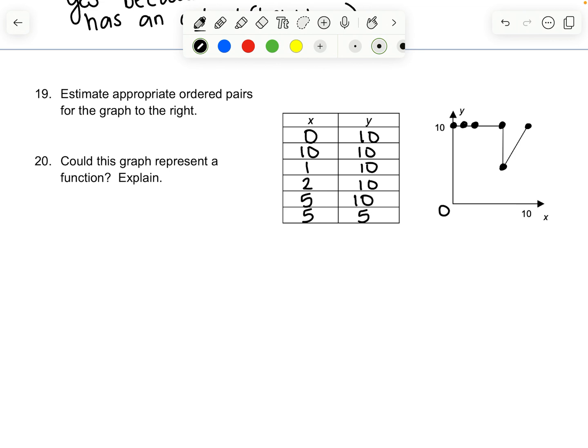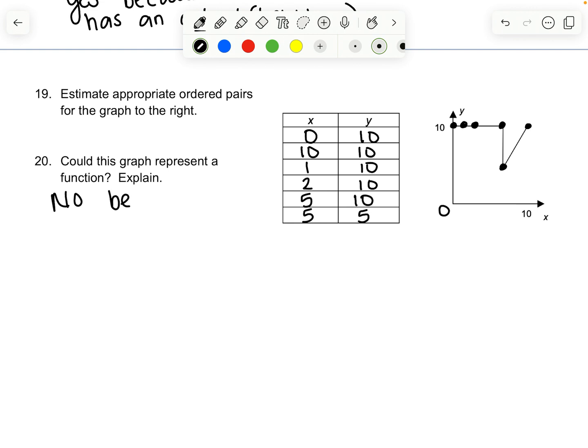So number 20, could this graph represent a function? Well, because the 5 on the x-axis is equal to 5, 5, and it's also equal to 5, 10, it has two different outputs, so this graph could not be a function.